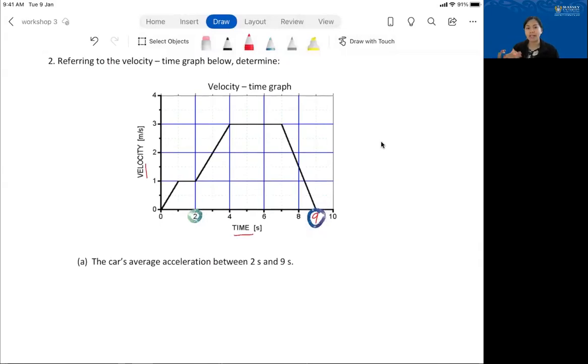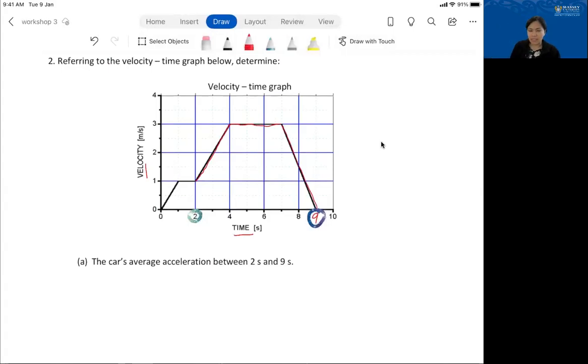We know that to find the acceleration, we need to find the slope. But it's not a simple single line graph, because you have here an increasing velocity, then constant velocity, and then a decreasing velocity up to 9 seconds.